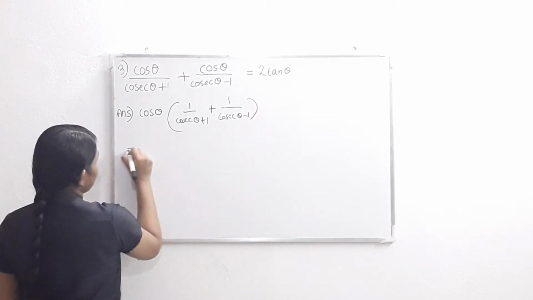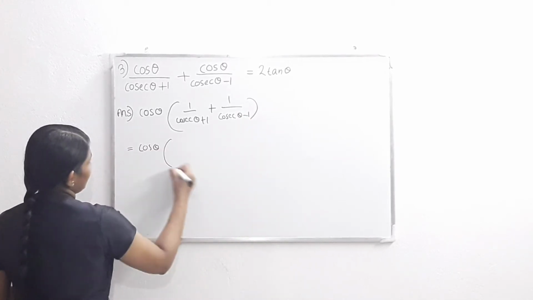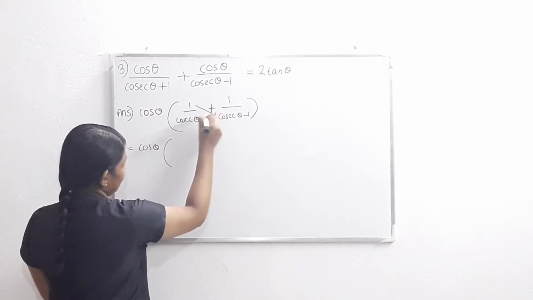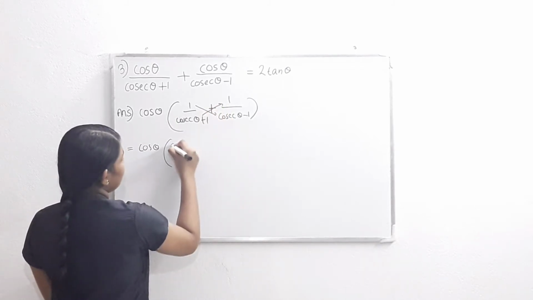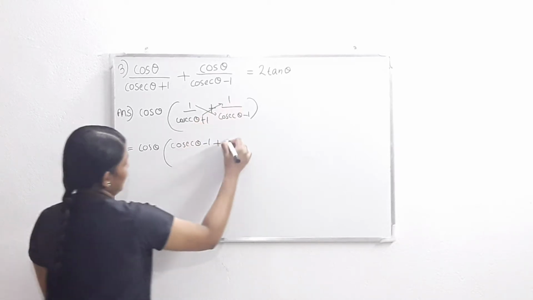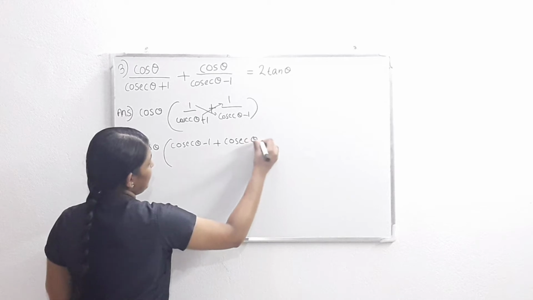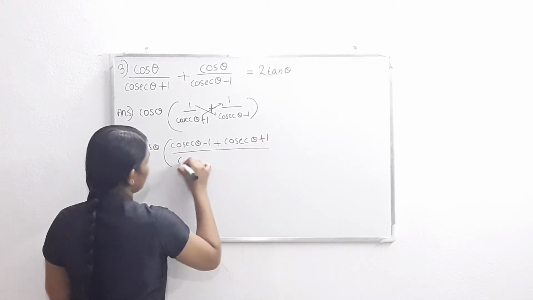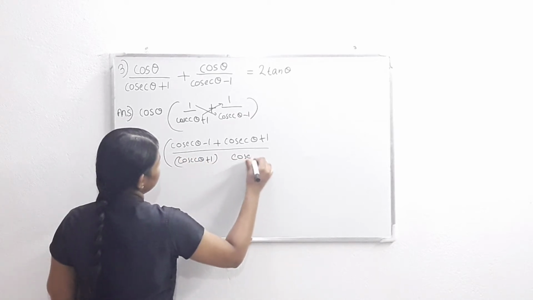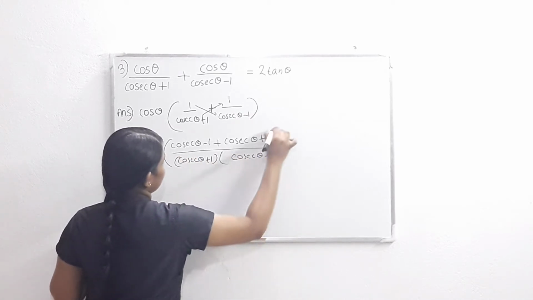We have to make the denominator the same, so we cross multiply. 1 into cosec theta minus 1, plus 1 into cosec theta plus 1, divided by cosec theta plus 1 into cosec theta minus 1.